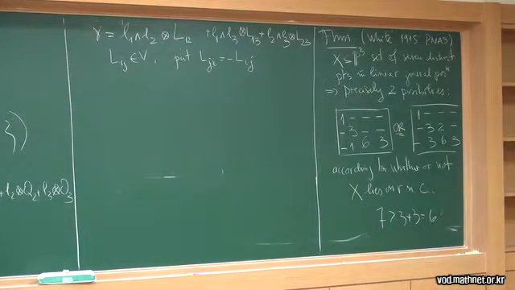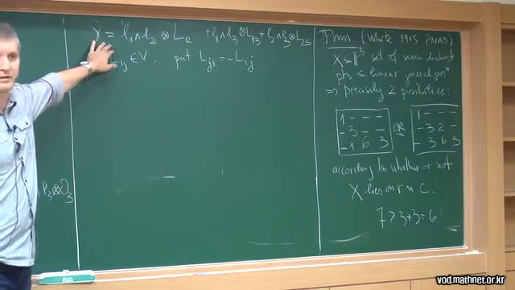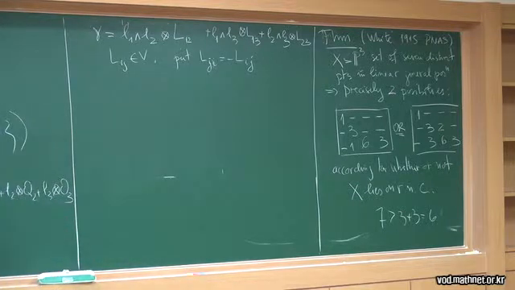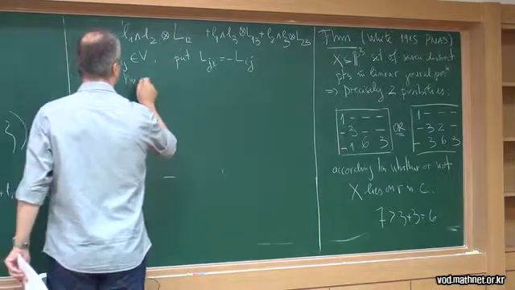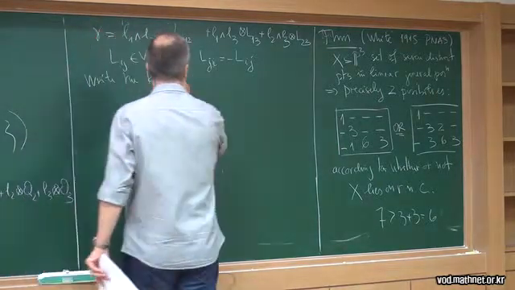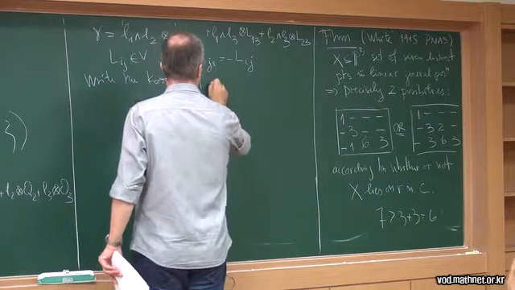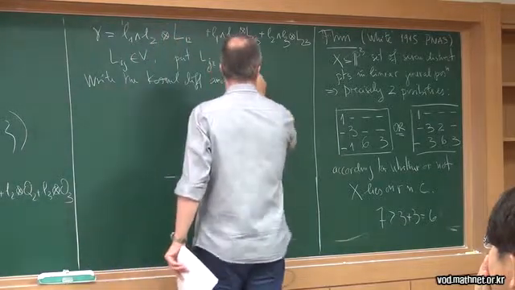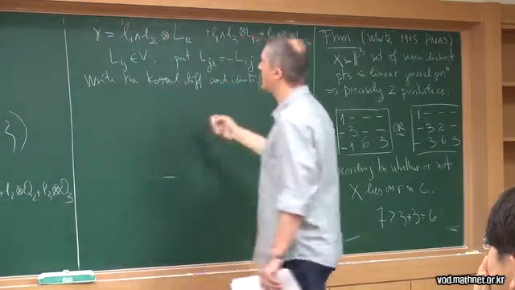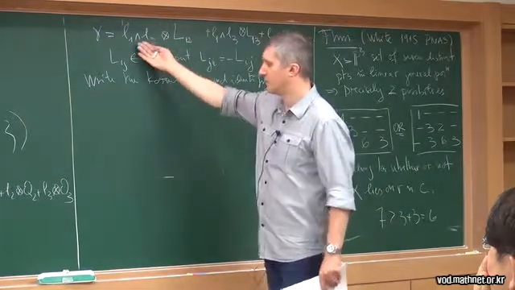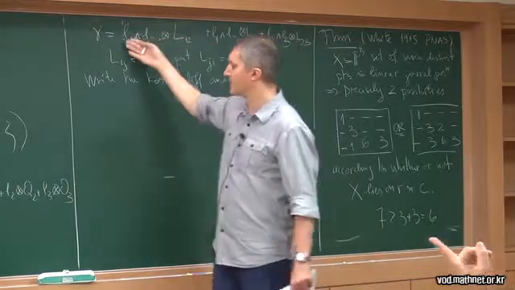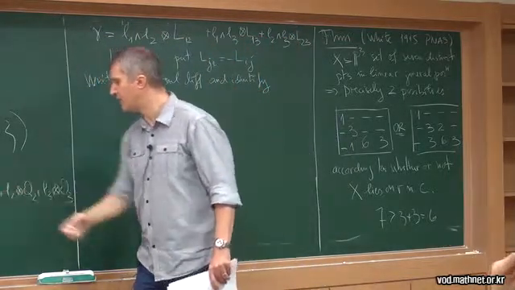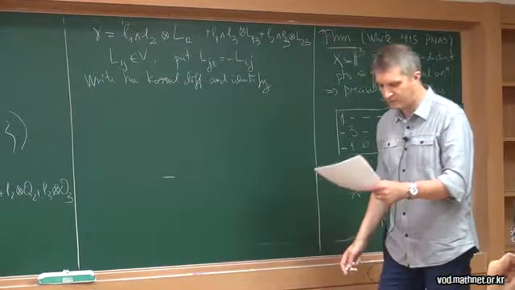Then we write down the Koszul differential and identify. We gather together the elements that correspond to L1 and identify with what we get with Q1.